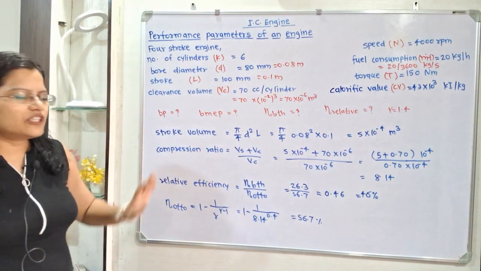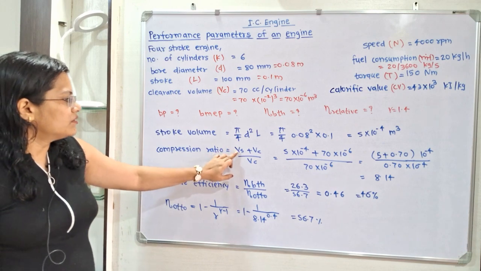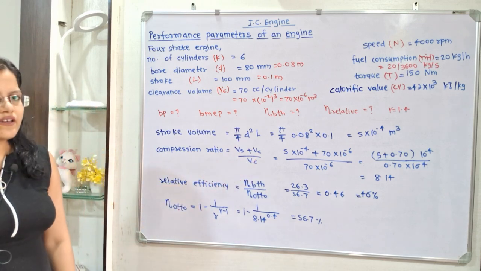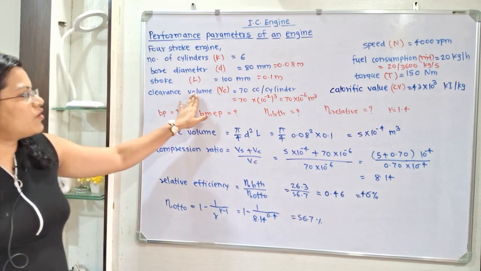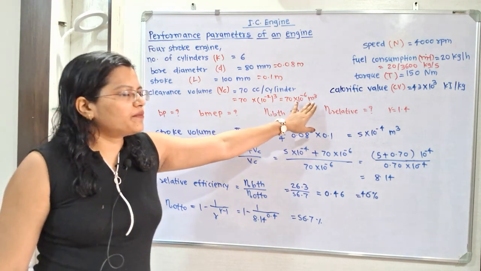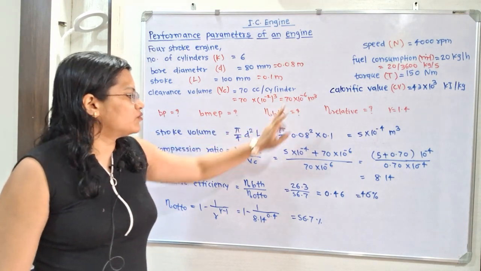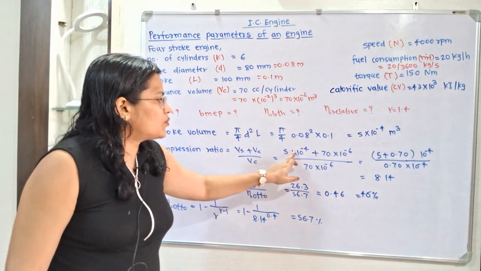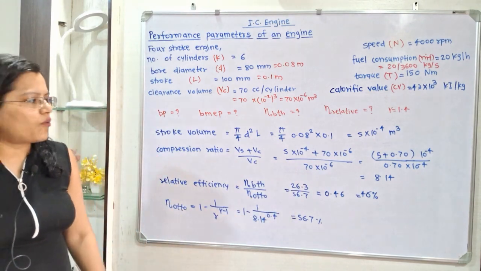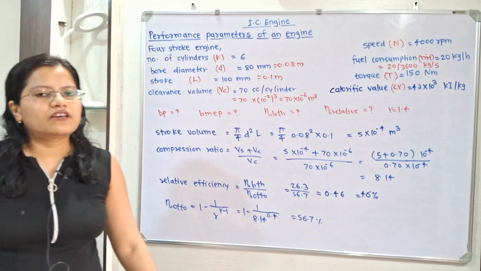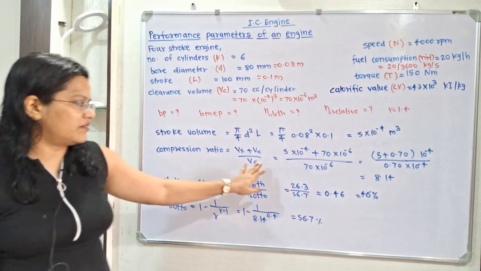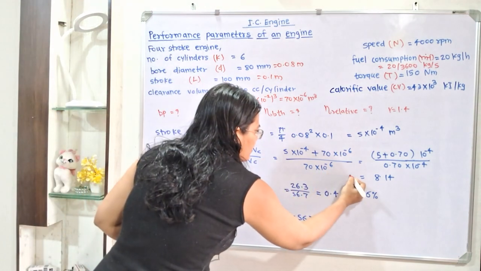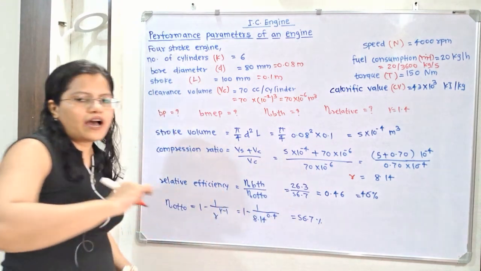So compression ratio is equal to stroke volume plus clearance volume divided by clearance volume. Clearance volume we also take in the same unit, meter cube, 70 into 10 raised to minus 6. We take the 10 raised to minus 4 term as a common term, and it gets cancelled from the numerator and denominator. So compression ratio R is equal to 8.14. Its notation is R.